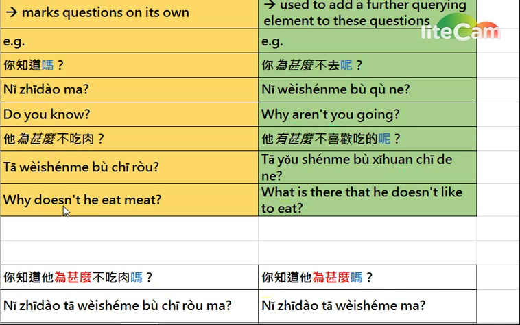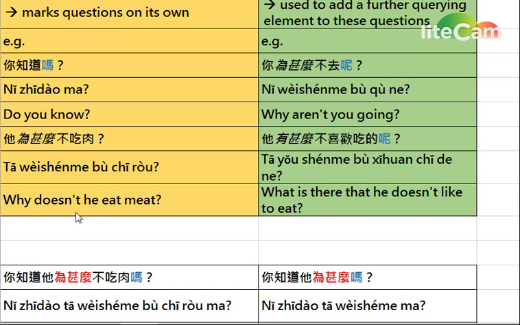But by adding the particle ne, the speaker makes it clear that they don't just want an answer, but they also want to question the situation or even criticize it. So they've added a further query to it.